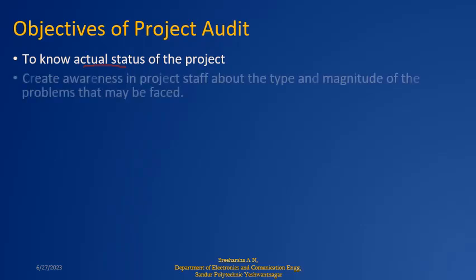Then to create awareness in project staff about the type and magnitude of the problems that may be faced. What type of problems may be faced, how dangerous they may be, and how much loss they may incur if they are not handled properly. That awareness is created during the project audit.